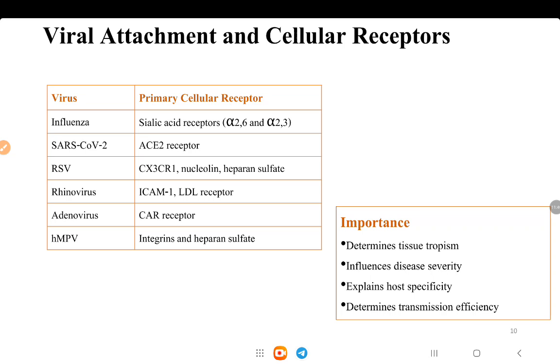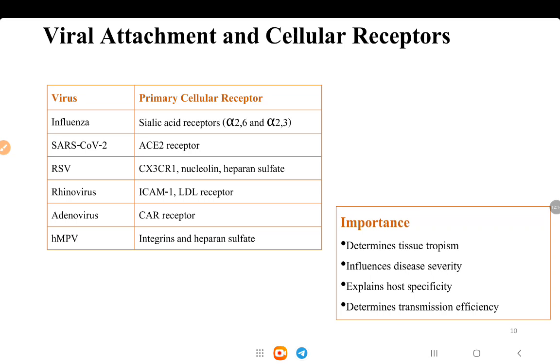For example, influenza viruses bind to sialic acid receptors, which are abundant in the upper respiratory tract, while SARS-CoV-2 uses the ACE2 receptor, which is found on type 2 pneumocytes in the lower respiratory tract as well as other tissues. That means influenza virus infects the upper respiratory tract and SARS-CoV-2 infects the lower respiratory tract.